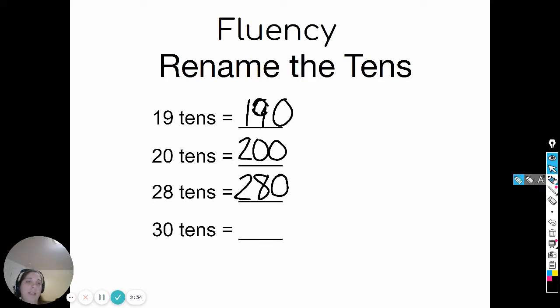30 tens. 30 tens would be 30 with the 0 in the ones place. So 30 tens equals 300. Let's remember we're treating this whole number as a tens.